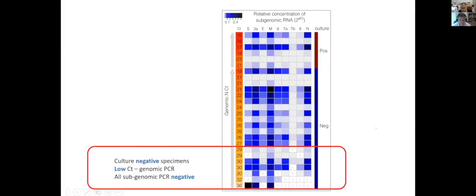Now for those culture-negative with a higher CT value, a lower viral load, the crosses represent negative subgenomic PCR results. So this indicates that they are actually non-infectious. Although they are positive by diagnostic PCR, they are non-infectious.